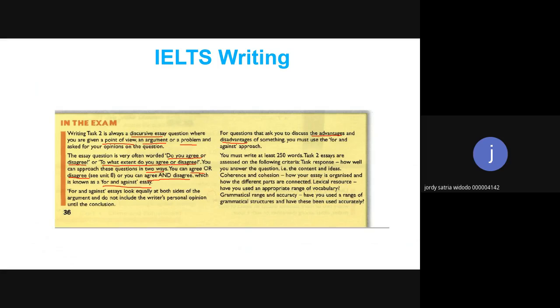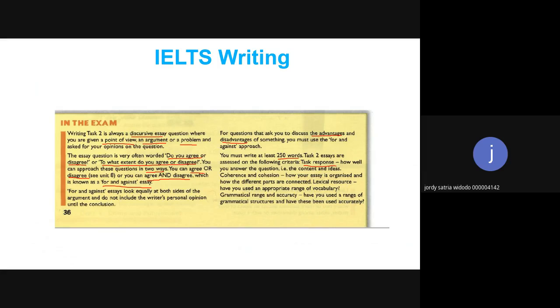You must write at least 250 words, and since it is an essay, it can be divided into several paragraphs. So at least you've got the opening or introductory paragraph, the body, and the concluding paragraph. And then task response: the essay is assessed on the following criteria.